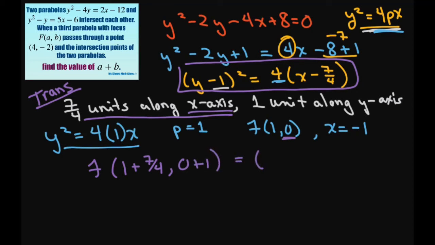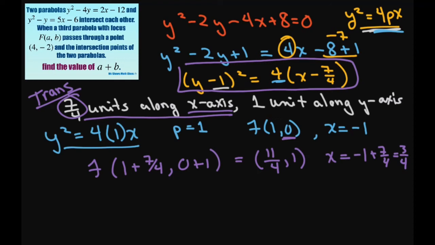So that gives you (11/4, 1). And then your directrix would be x equals negative 1 plus 7/4, and that's going to equal 3/4. Yeah, 3/4.